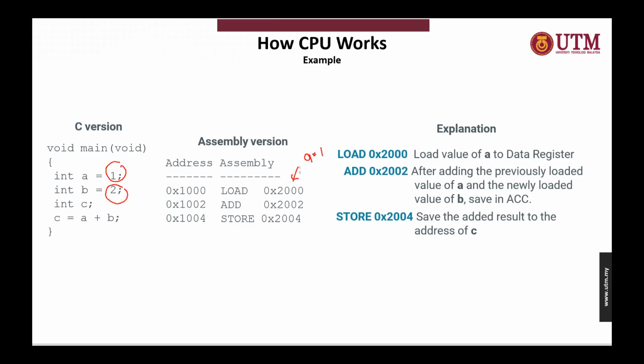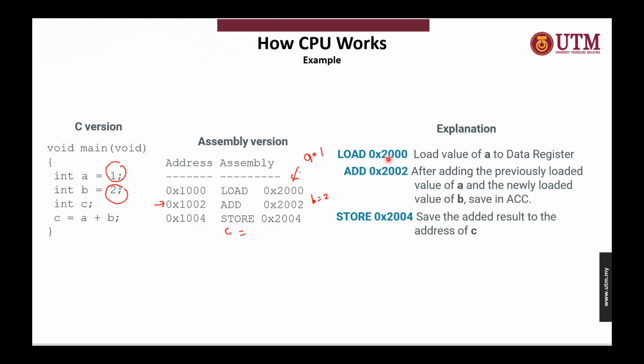Then you load B equal to 2 at the second instruction. At the same time, you add them together. And the last one, store to address 2004, means that you're going to store the result to C.